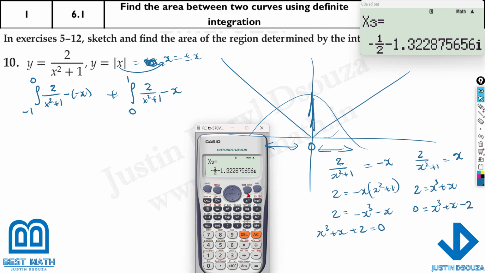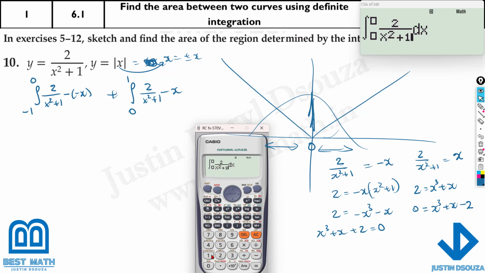All we do is this integral in mode 1. Let's go back to the computation mode, integral symbol. From here we have 2 divided by x squared plus 1 minus of minus x. Close the bracket, and the limits are from minus 1 to 0.